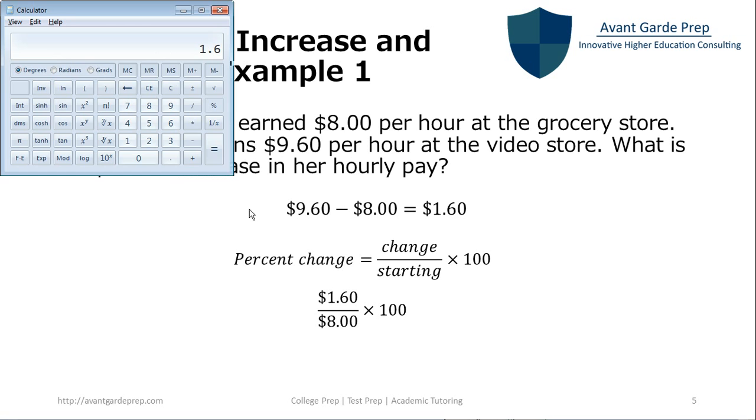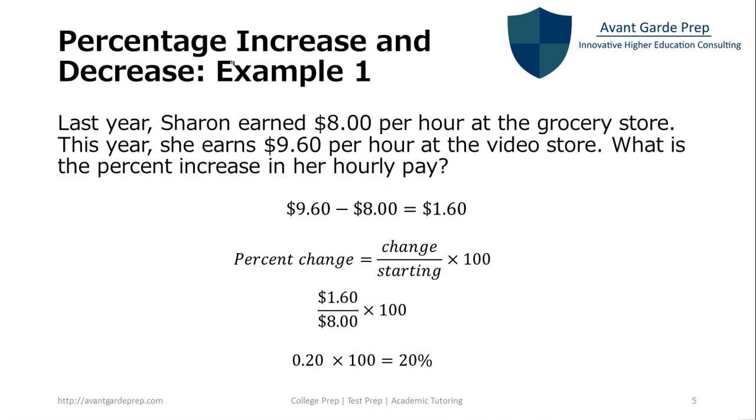Let's head over to our calculator and divide $1.60 by $8. That's going to equal 0.2, and then we multiply that times 100, and that gives us 20%. So here you can see 0.2 times 100 is 20%.